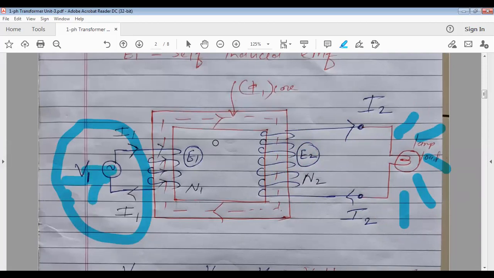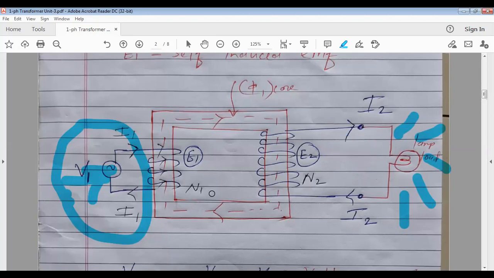The transformer transfers electrical energy from primary to secondary. It works on Faraday's law of electromagnetic induction. It is a static device. So the transformer transmits electrical energy from primary to secondary with a change in voltage and current. But what about frequency? It remains constant. Input and output frequency is constant.